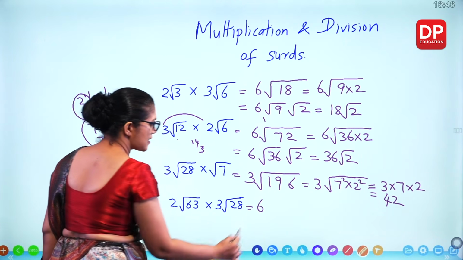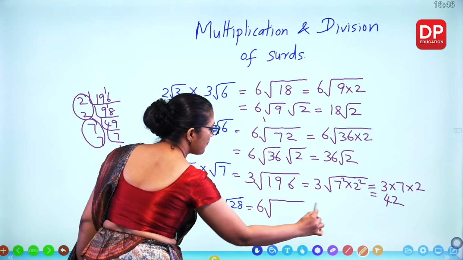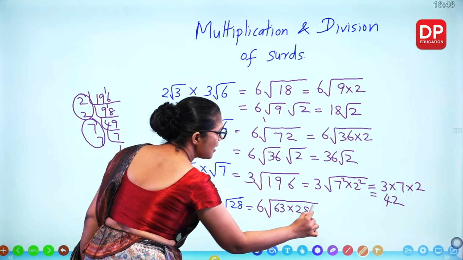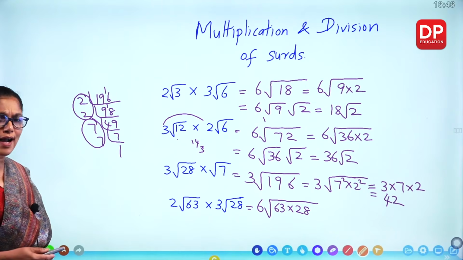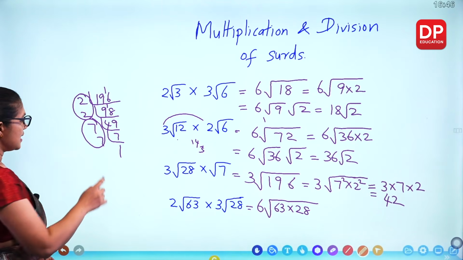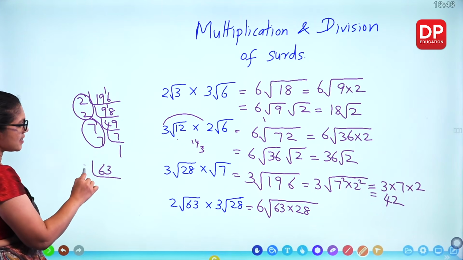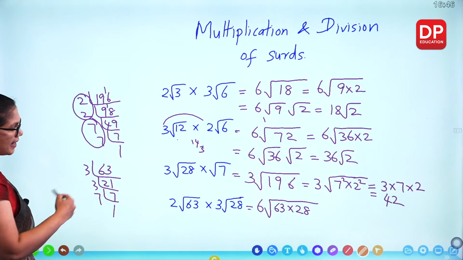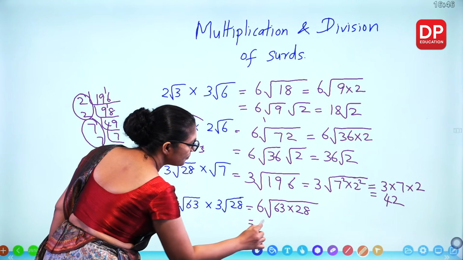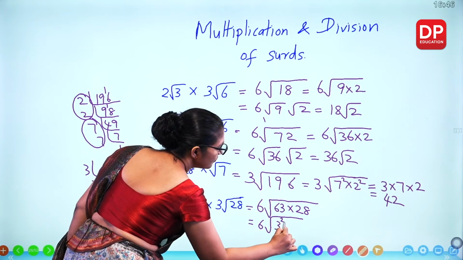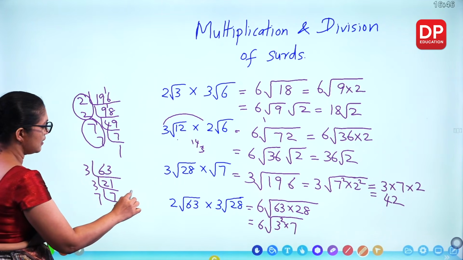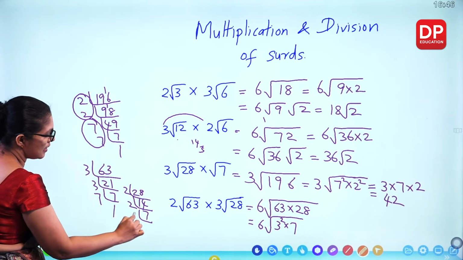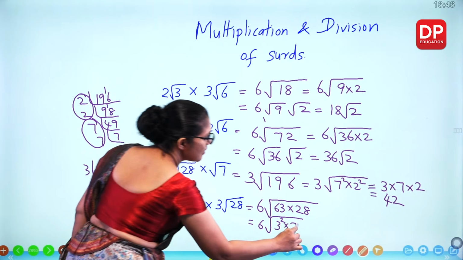3 times 2, 6. Then you get inside 63 and 28. Here without multiplying, we'll try to find out the prime factors. 63, what are the prime factors? You get 3 squared and 7. 28, when you divide, you get 2 squared and 7.